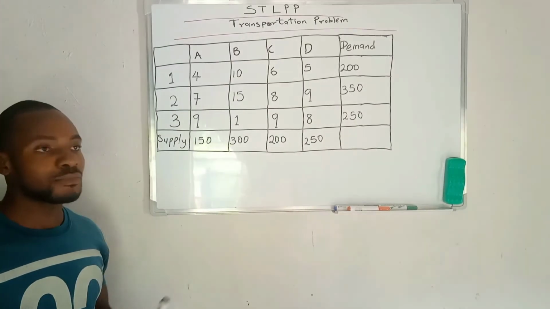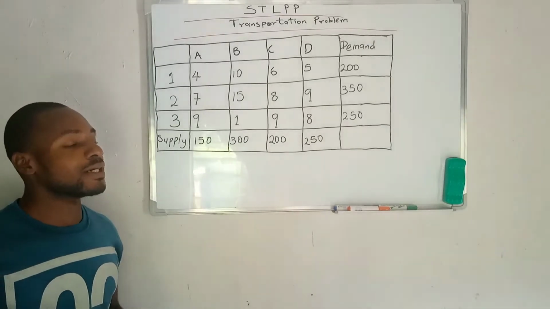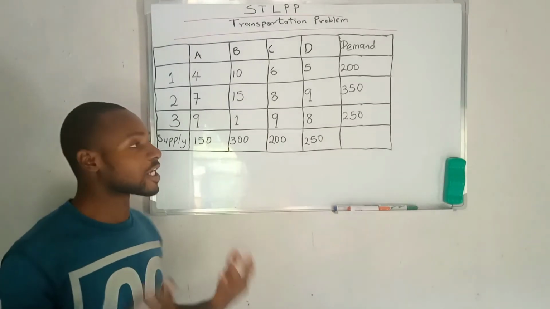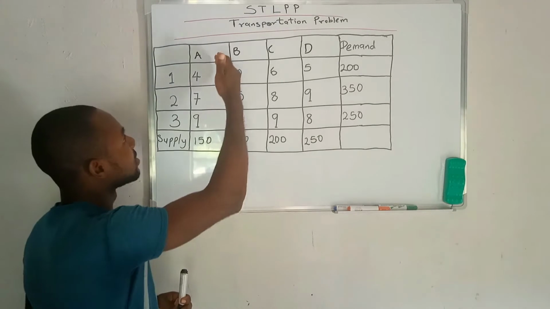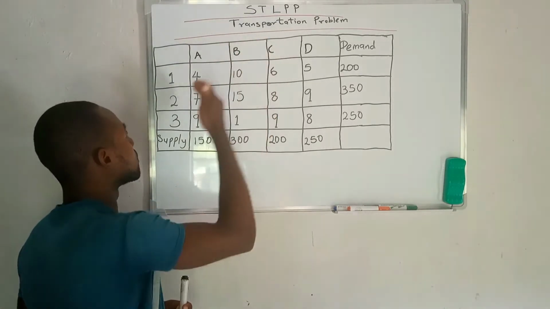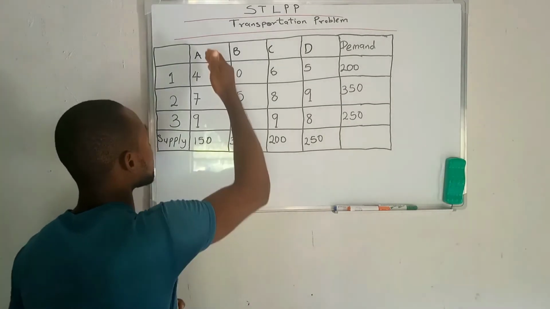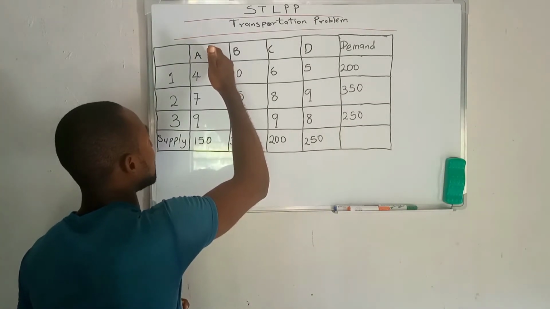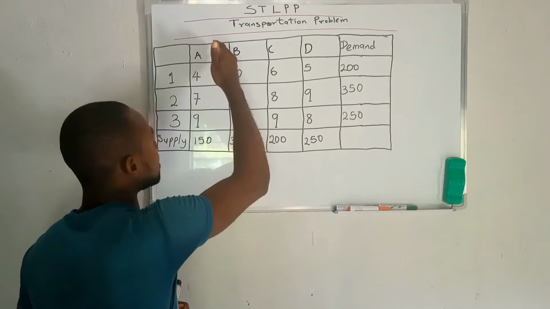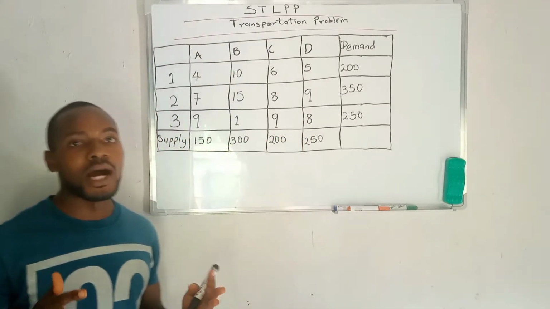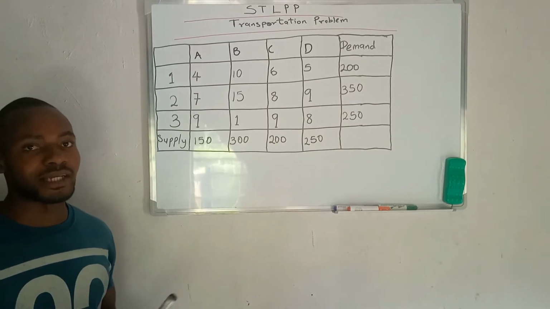Then the problem arises when they try to find the least amount they will spend to transport these drinks from where they are produced to the different stores. Let's assume the production units A, B, C, and D have a maximum amount of production in a day.